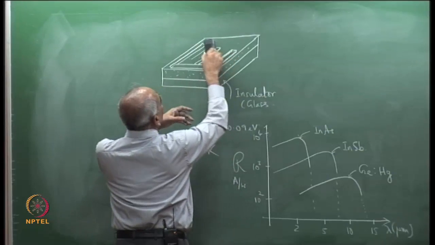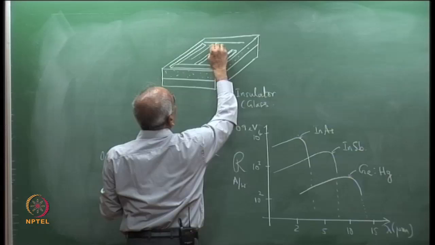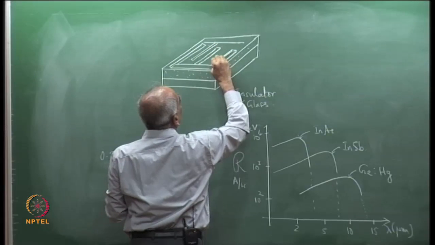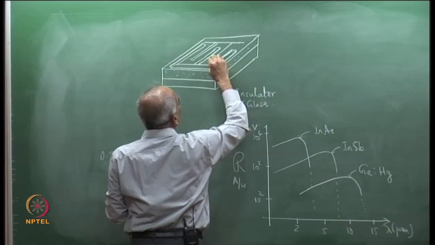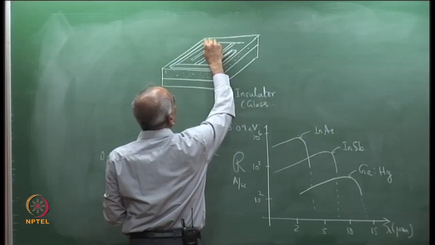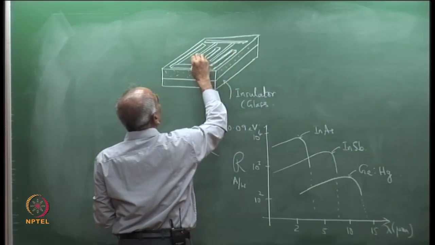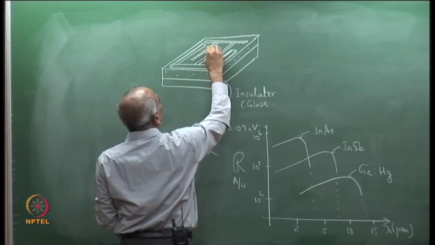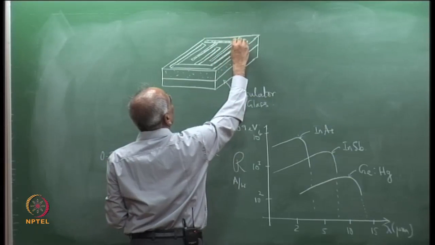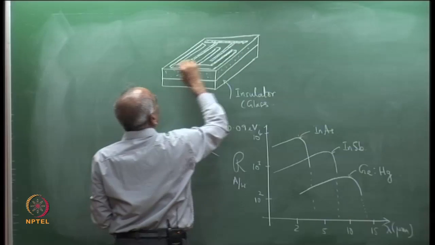Okay, let me draw it. It will become clear as soon as I finish the drawing. These are monolithic electrodes. What I have drawn here is metal electrodes which are deposited on top by lithography.